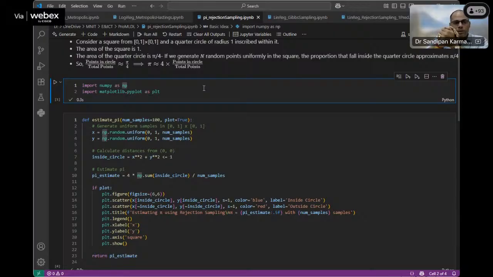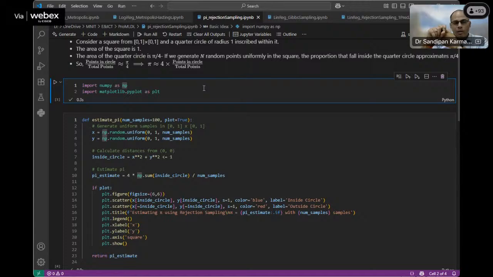So now basically we are generating x coordinate and y coordinate. How are we generating? We are creating samples following a uniform distribution.